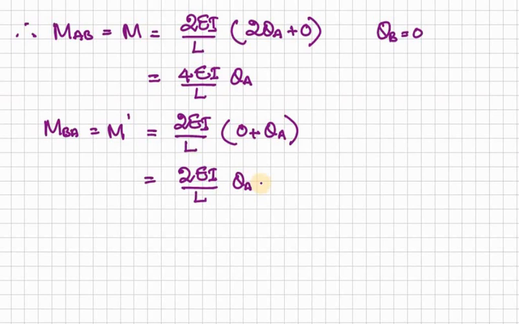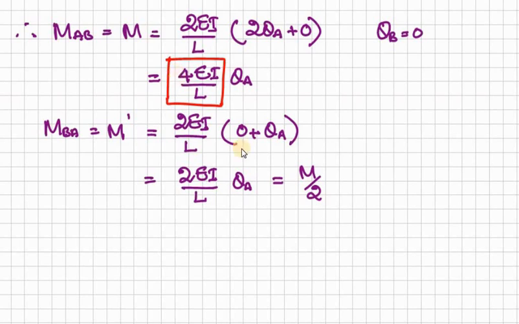That is, M dash is equal to M by 2. So here we get M is equal to something times theta A. This something is equal to the stiffness K, because we know M is equal to K theta. Therefore the conclusion is that the stiffness of the beam when the far end is fixed is equal to 4EI by L. This is the stiffness factor.